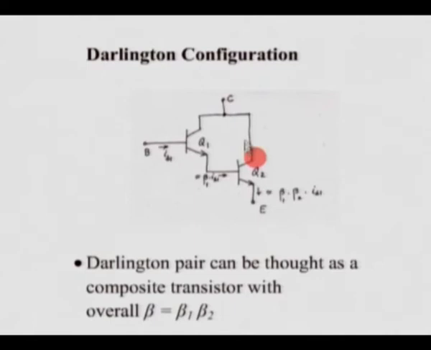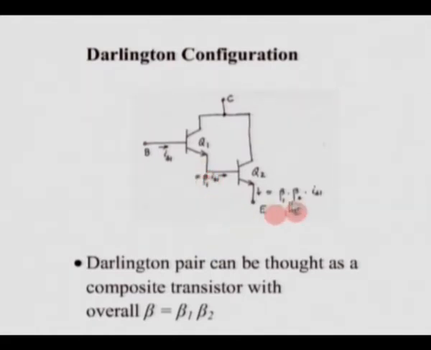Now, what would happen is the IC of Q2 would be, let us say, 1 milliamp or let us say 0.5 milliamp. The collector current of the first BJT would be less by a factor of 100, and at that kind of collector currents, which is in the microamp regime, you would see that the beta would drop drastically.